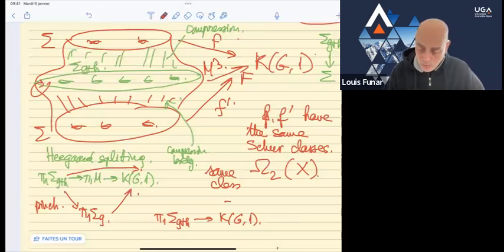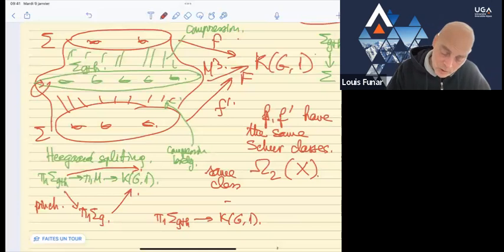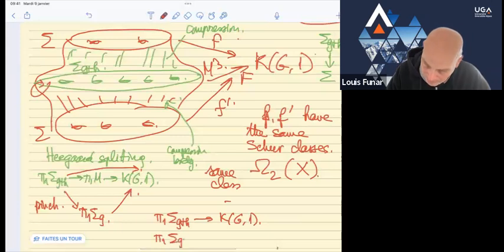So the way you present sigma G plus H as the boundary of one compression body or the other compression body is giving you two maps from pi1 of sigma G plus H into KG1. One is a stabilization of F, and one is a stabilization of F prime.